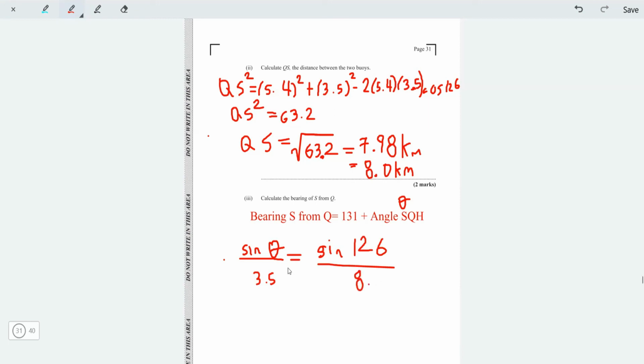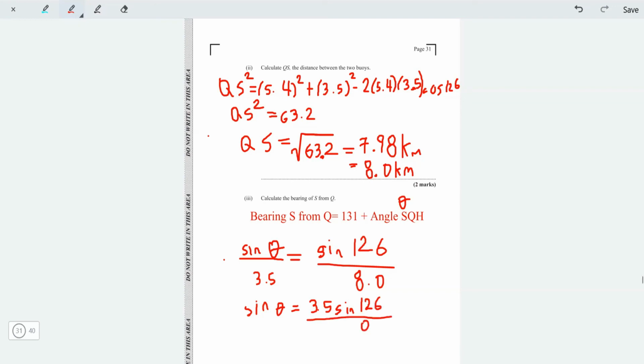Now we can transpose for theta. Cross multiply to get sine theta equal to 3.5 times the sine of 126, divided by 8.